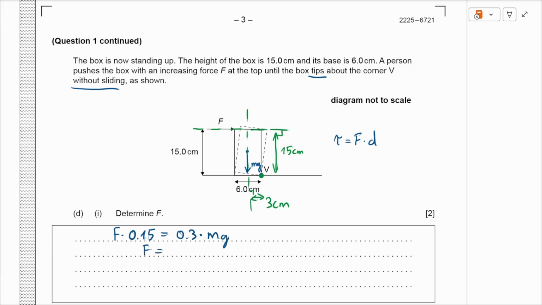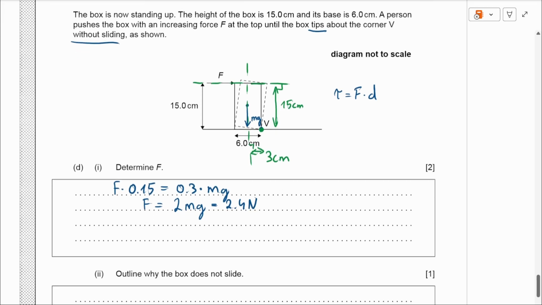So F is just 2 times mg, and our mass was again 1.2 kilograms, so this will approximately be 2.4 newtons for the force.